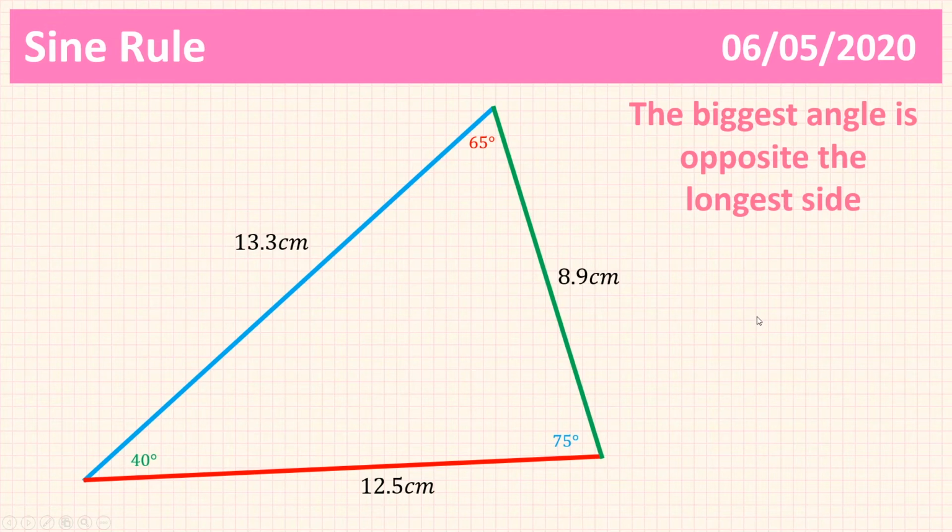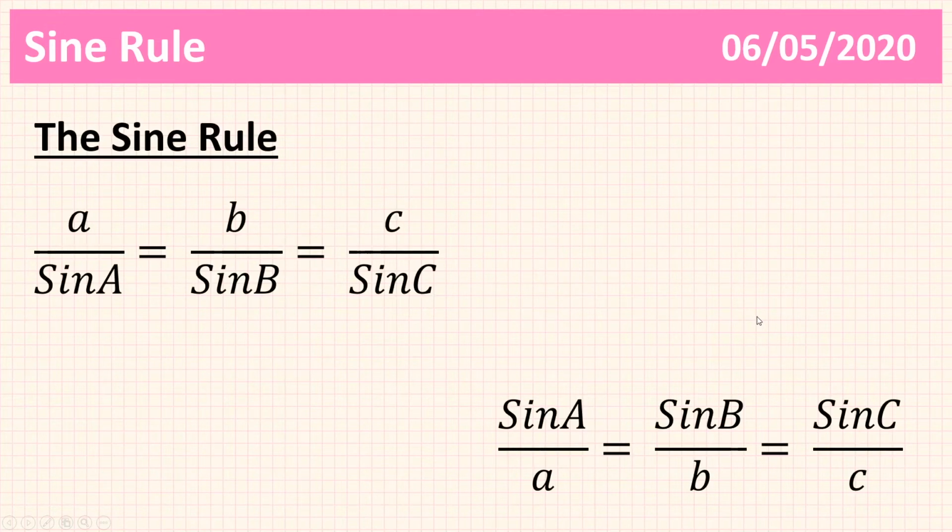And that brings us on to the sine rule. And what we can say is that if we were to take a ratio value of the sides compared to their corresponding angles, we can see that their values would be exactly the same. So if I had side A over sine of angle A, that would be equal to side B over sine of angle B. And similarly, both of those would have the same value as side C over sine of angle C. And this is the sine rule that you might see.